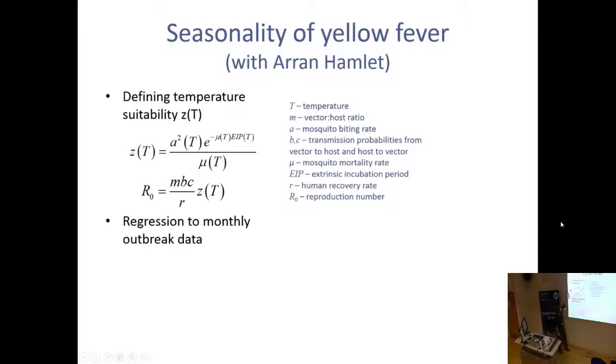And so that's the temperature-dependent aspects, and we can estimate R naught with a few further quantities taking into account the vector-to-host ratio. So the more mosquitoes there are, the more people are being bitten, and the higher is the risk of an epidemic becoming established.